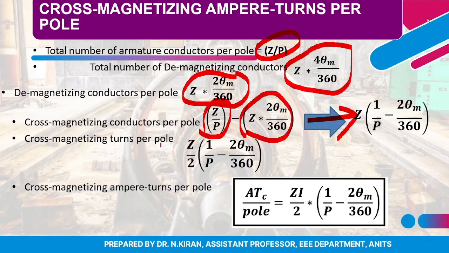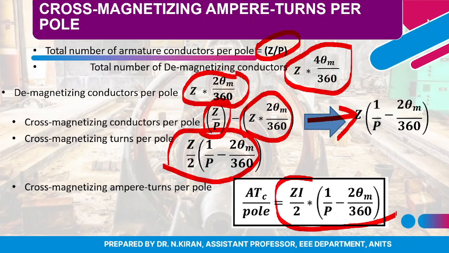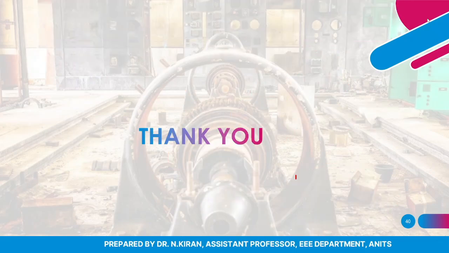So cross-magnetizing turns per pole will be Z by 2 into 1 by P minus 2 theta m by 360. If I need ampere turns per pole, I need to multiply by current. So cross-magnetizing ampere turns per pole, ATC per pole, will be ZI by 2 into 1 by P minus 2 theta m by 360. Demagnetizing ampere turns per pole is indicated by ATD per pole, and cross-magnetizing ampere turns per pole is indicated by ATC per pole.